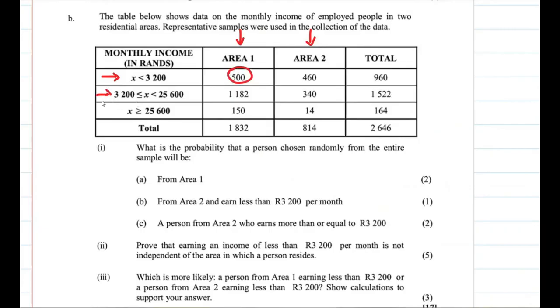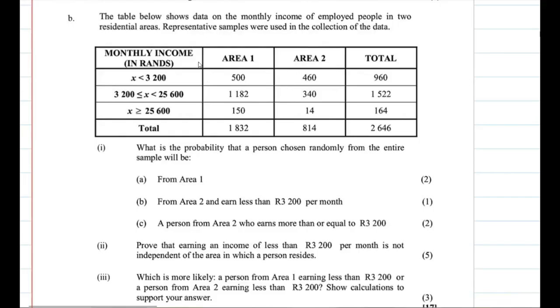Then we have people who get more than or equal to 3,200, but less than 25,600. We've got 1,182 of them. Then we have people who receive greater than or equal to 25,600, and that's 150 people. You get that? Yes, sir. So you understand how area 2 works as well.